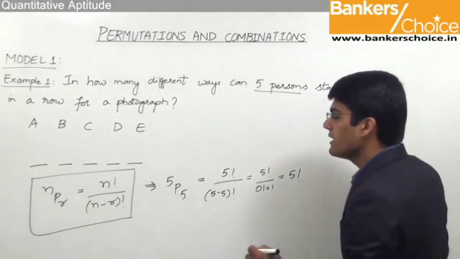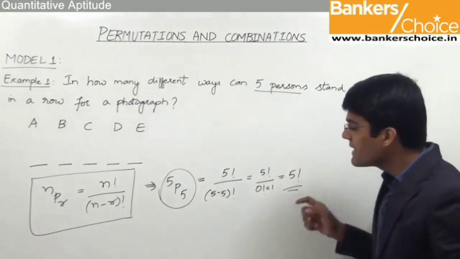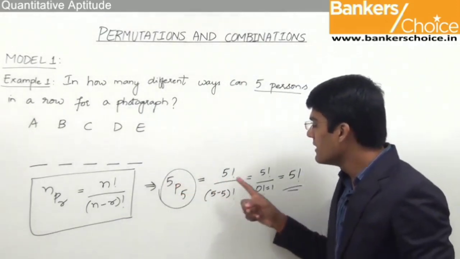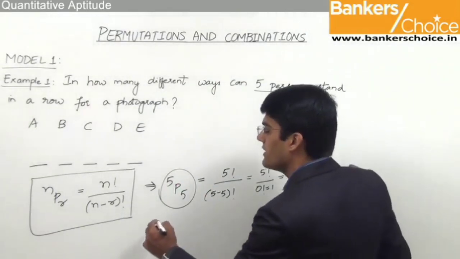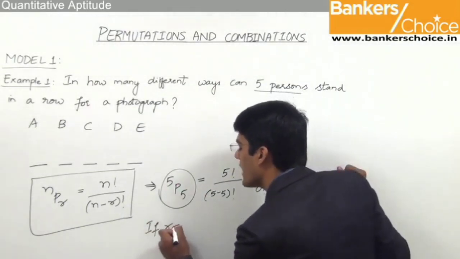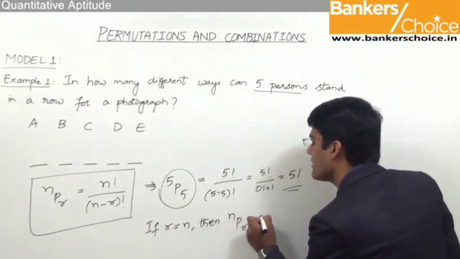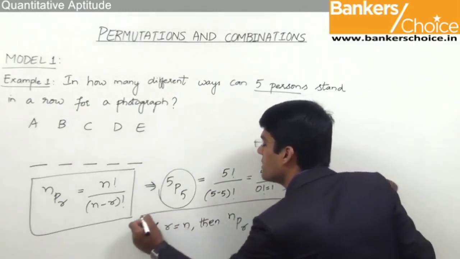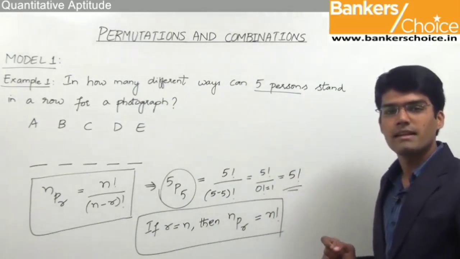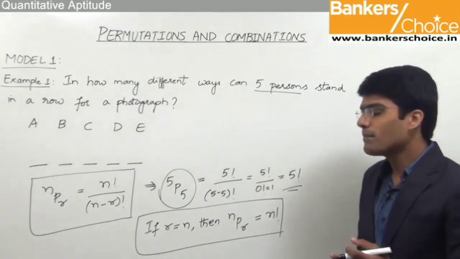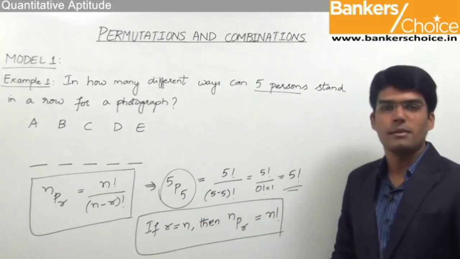So one important point that we can see here is 5P5 is equal to 5 factorial. That means if r is equal to n, then nPr can be directly taken as n factorial. We need not take it as n factorial divided by (n minus r) factorial. Simply we can understand that it is going to be n factorial. For example, 12P12 will be equal to 12 factorial, or 8P8 will be equal to 8 factorial.